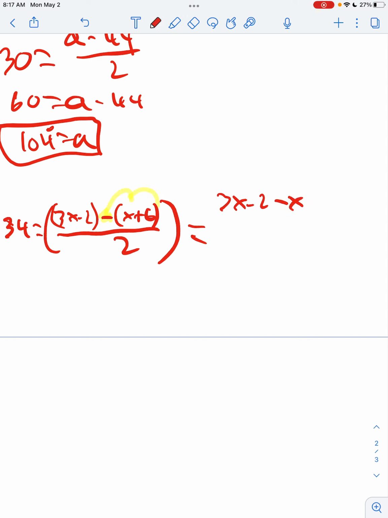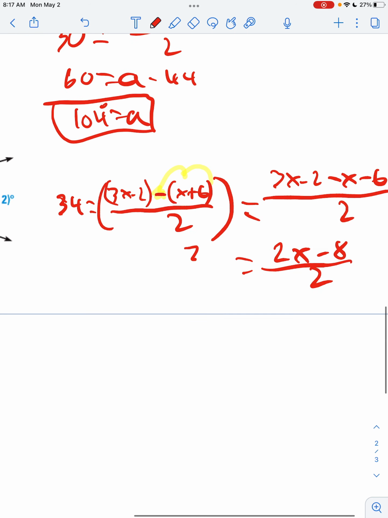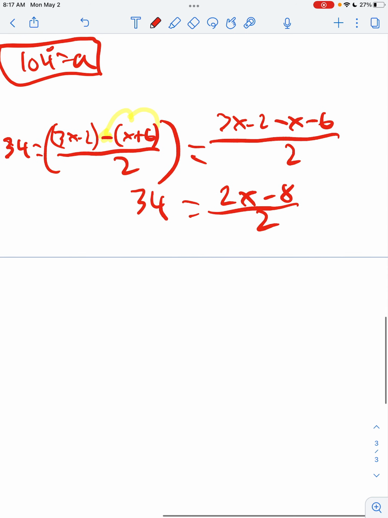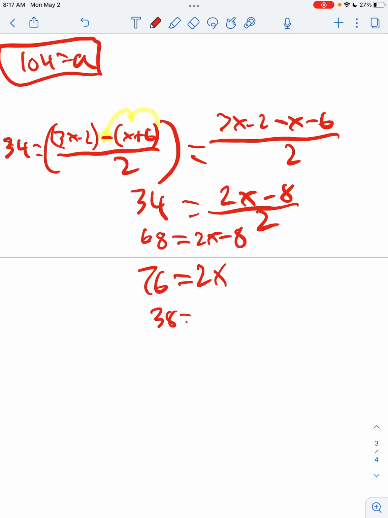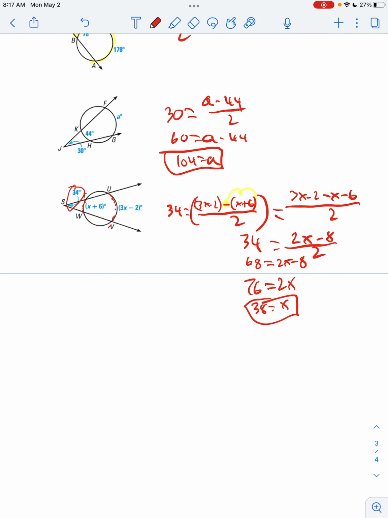So minus x minus 6 all over 2. 3x minus x is 2x. Negative 2 minus 6 is negative 8 divided by 2. And it's still going to equal 34. Multiply by 2, we're going to get 68 equals 2x minus 8. Add 8, we're going to get 76 equals 2x. Divide by 2, and 76 divided by 2 is 38. So we were able to come up with x equals 38.